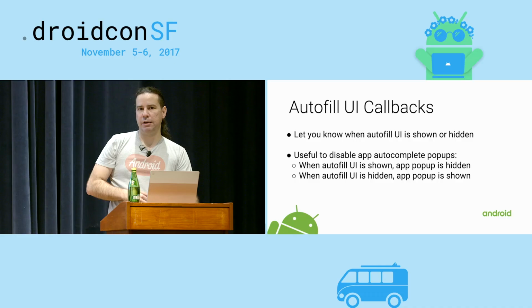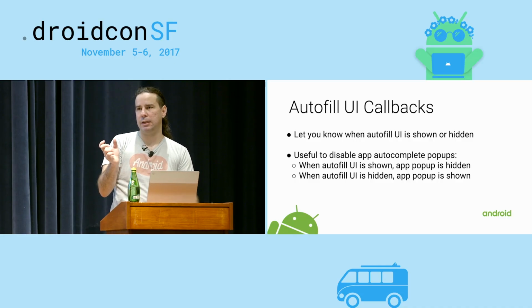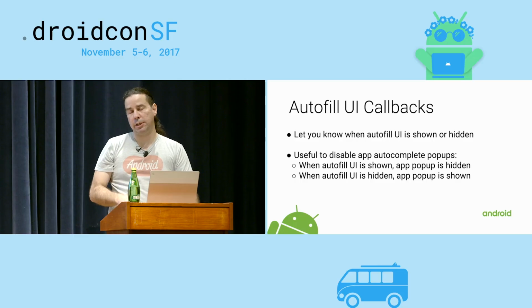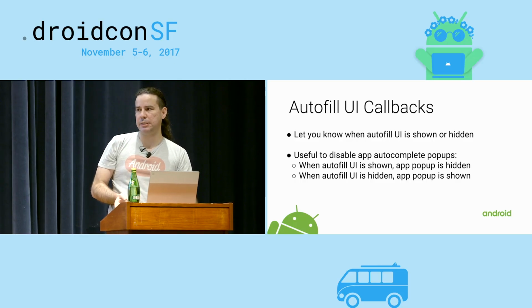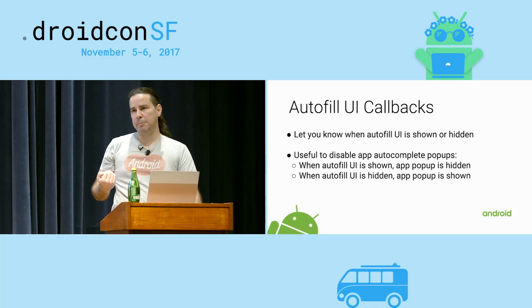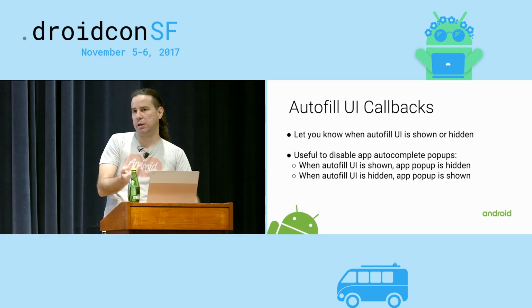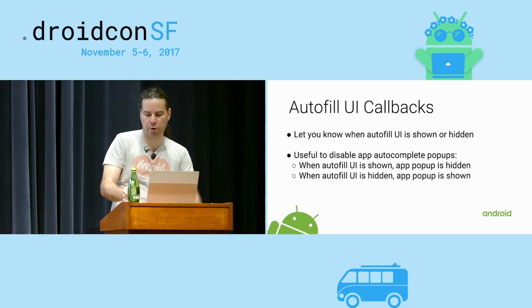The idea is that the autofill UI from the system should not overlap with yours. So when the autofill framework is going to draw the UI, it will tell you that the UI is going to be shown. And when the UI is going to be hidden or when the UI is not available, we notify as well, so you can change your app accordingly.